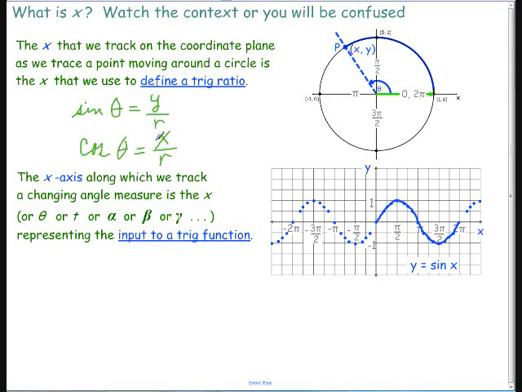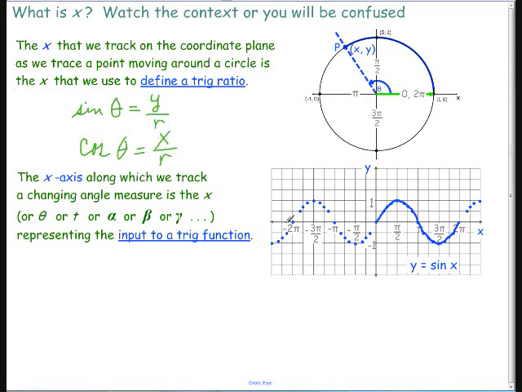So x in this context is talking about the rotation around a circle to establish what angle we are at. The x-axis along which we track a changing angle measure.